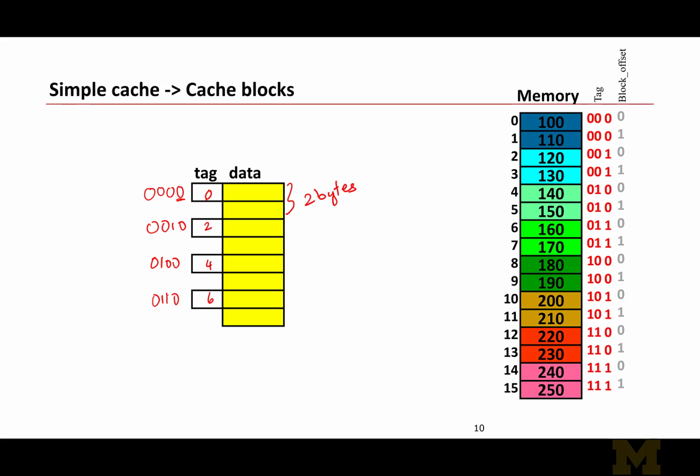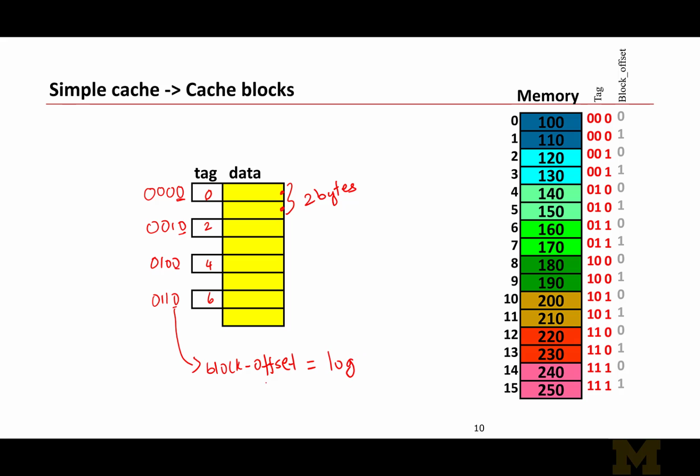In fact, the last bit is really used for identifying whether I should be accessing the first byte or the second byte in the block. And so that's why we call this bit a block offset. Now the number of bits that you need for the block offset would depend on the block size.